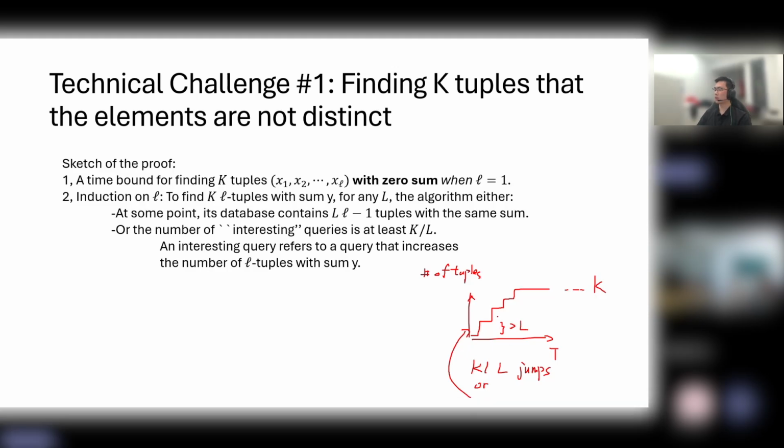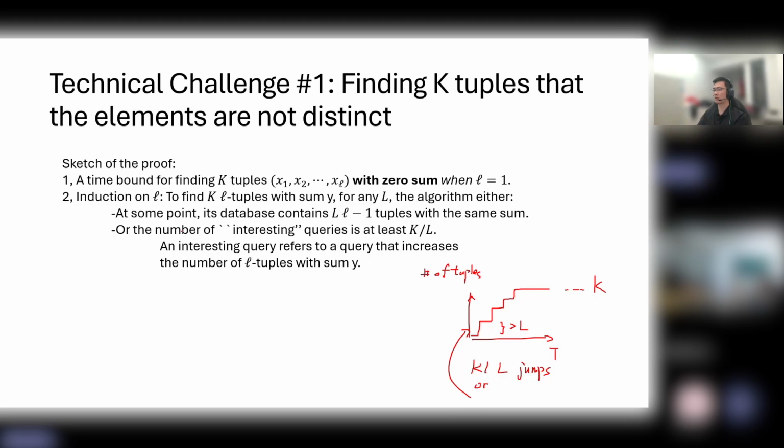So how do we make this larger than L? If you add a new element and create more than L tuples of some y, you must have at least capital L smaller tuples, which by adding a new element can form a larger tuple of your desired sum.